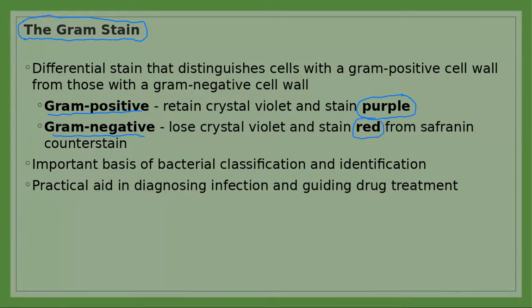You will do this in the lab experiment, so just follow the procedure and instructions during the lab experiment. Finally, if you do it correctly, you will be able to identify which one is gram-positive bacteria and which one is gram-negative bacteria.